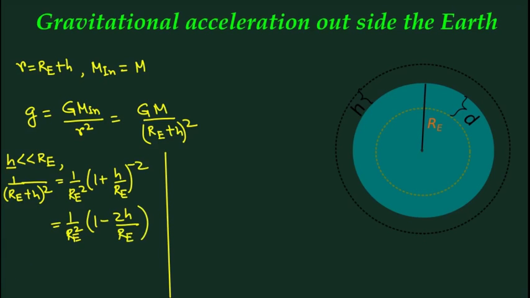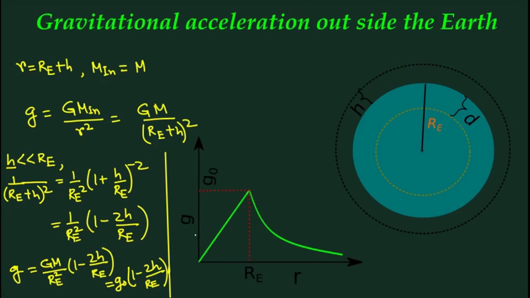So the gravitational acceleration will be g equal to g naught times 1 minus twice h by RE. So the gravitational acceleration decreases linearly with the height h. But remember, the height is very small compared to the earth radius.